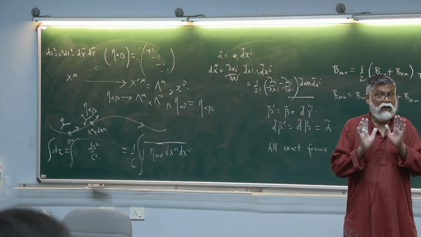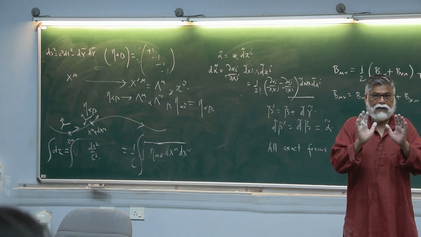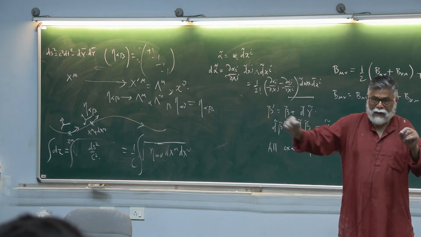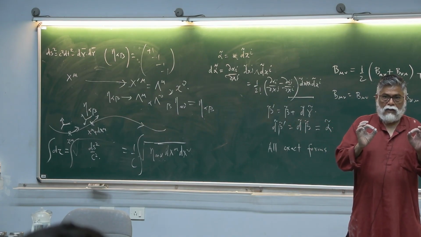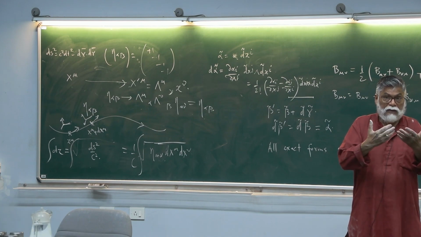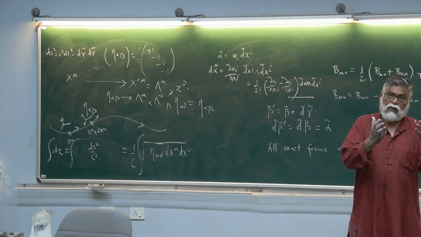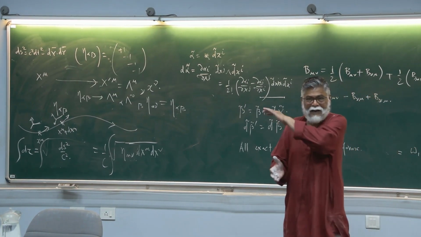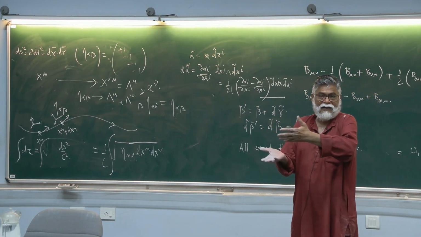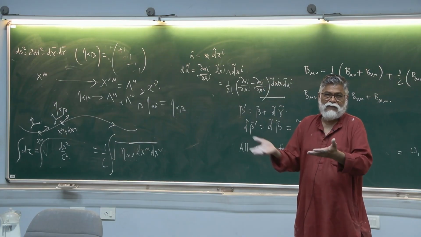Not yet. I have not yet talked about general relativity. So in an accelerating frame, we are not yet talking about transformation. I know invariance in inertial frames, but if I am accelerating, it doesn't fall under the purview of special relativity.